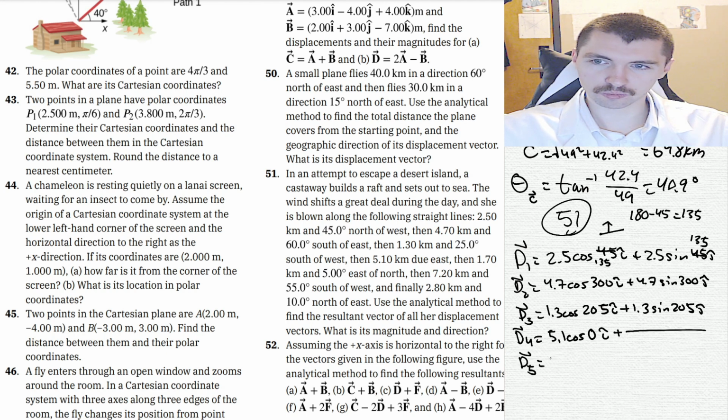Okay, and then 1.7 cosine, oh, I'm sorry, 5.1 kilometers due east, and then 1.7 at 5 degrees east of north. So that'll be 85 degrees.